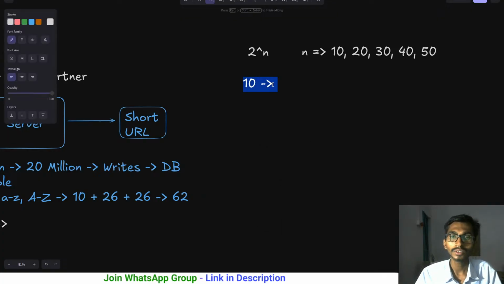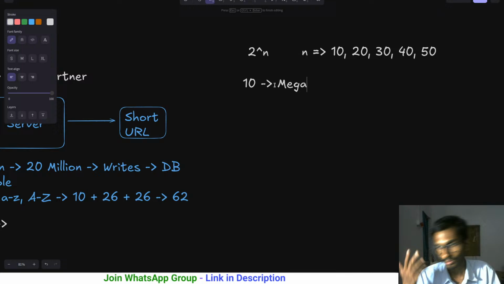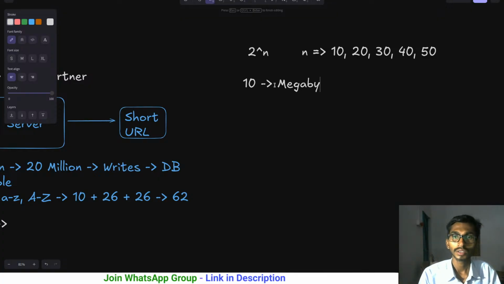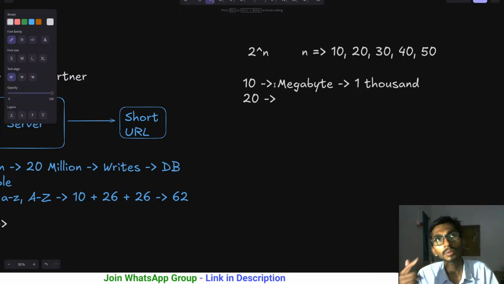So 10 means, first of all, what do we call it? Megabyte. I forgot the name. I hope this is called a megabyte. This is in terms of storage. And then we have 20. What comes after megabyte?